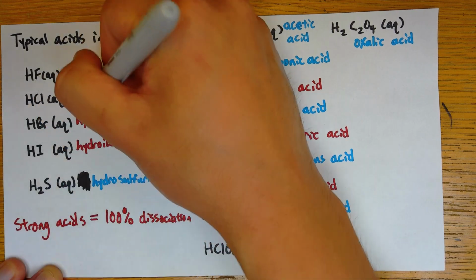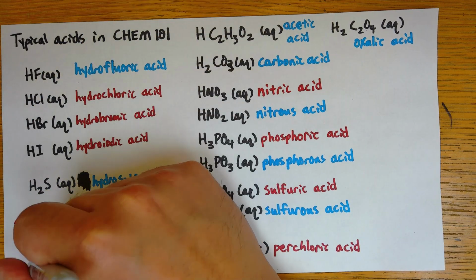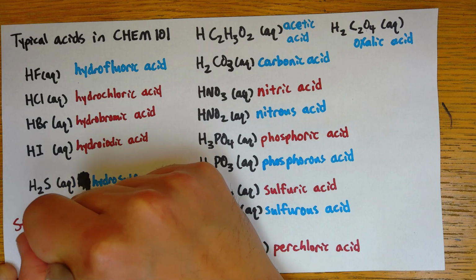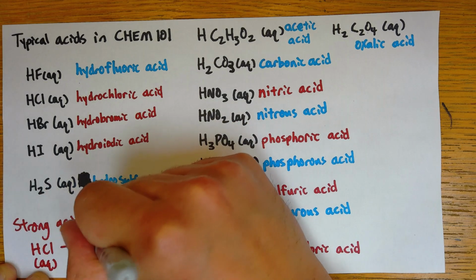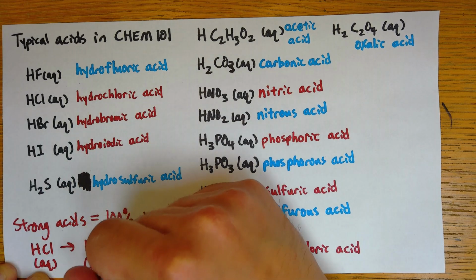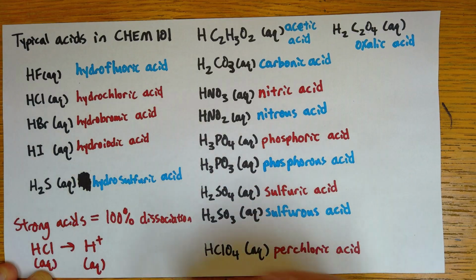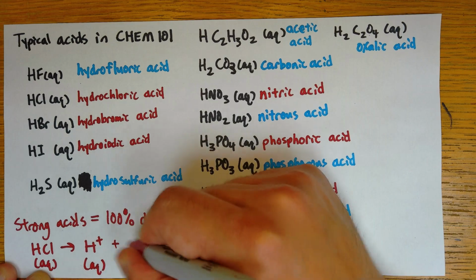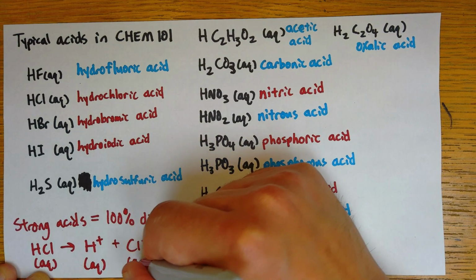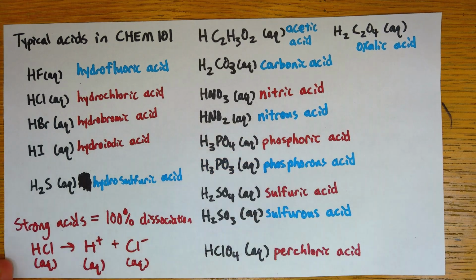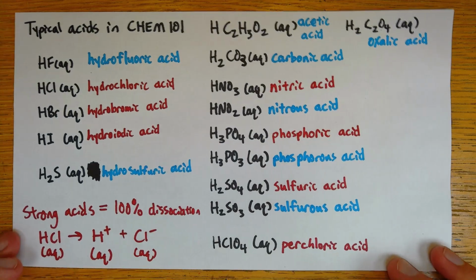So something like hydrochloric acid, very common, strong acid. When you dissolve it into water, an H plus ion is grabbed off of the chloride by a nearby water molecule, and then the chloride is left on its own. So you have that full separation when it dissolves.